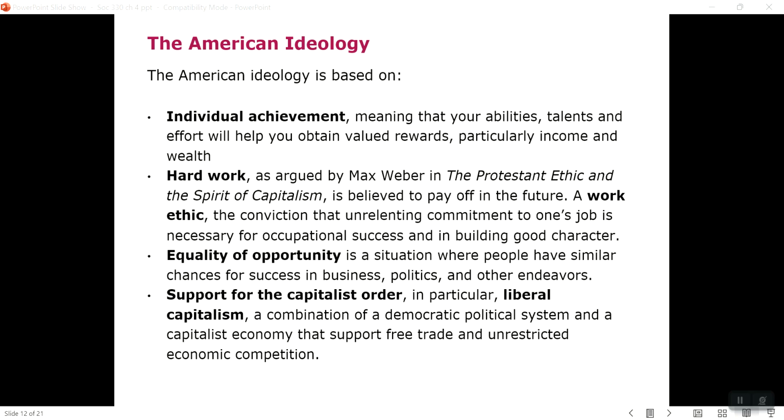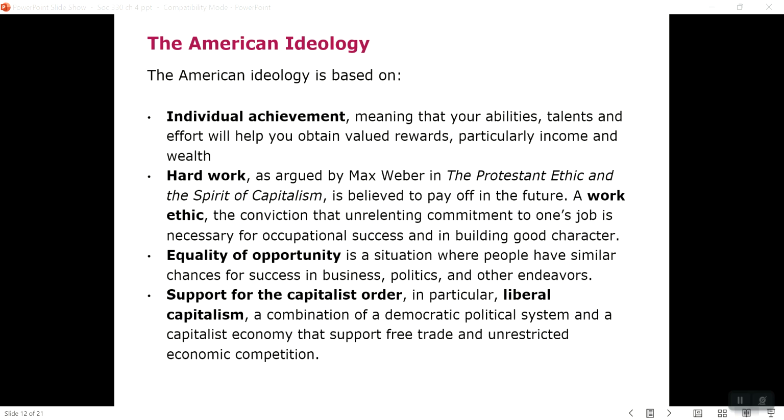In a perfect world it would, but we're humans and we make judgments about people based on how they look, who they are. Also, there's a lot of support for this idea that capitalism is the greatest thing in the world and that it doesn't really need any tweaking. It works, and all you've got to do is work within the confines of this capitalist system, and you will be productive.